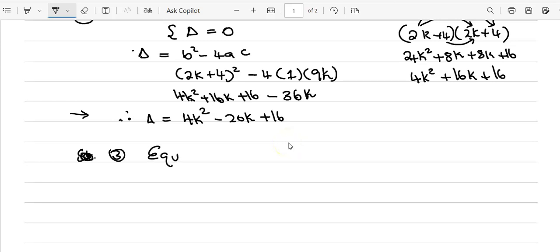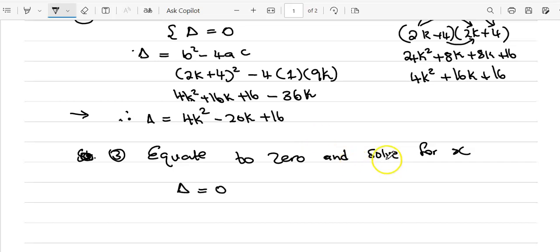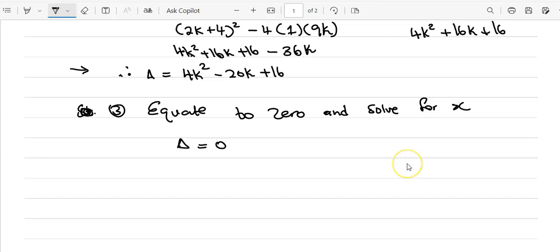Step 3, you equate to 0 and solve for k. So you take your discriminant, which was 4k squared minus 20k plus 16, equate it to 0 and solve for k.